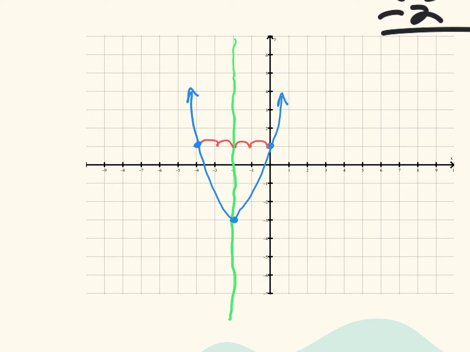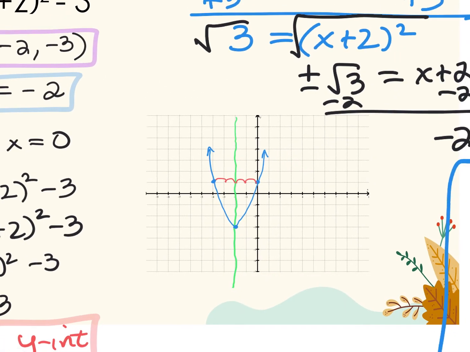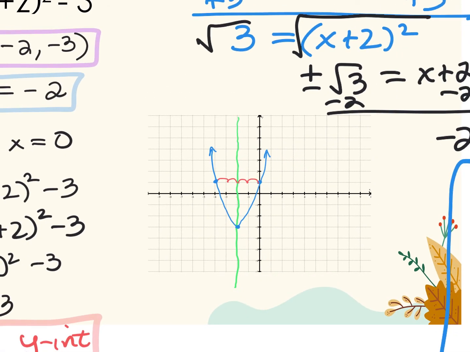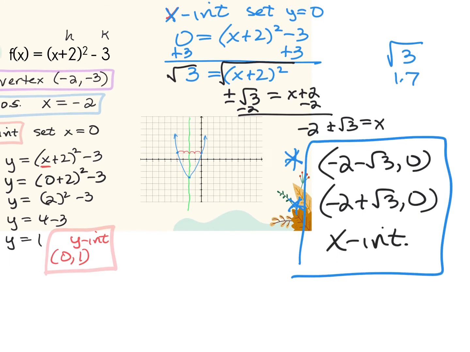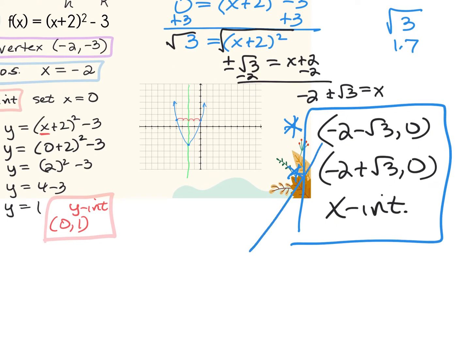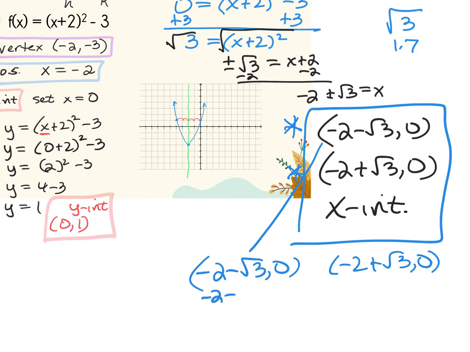Now, just to double check that I've made it the appropriate width, I could go ahead and double check my x-intercepts. Again, we're not using a calculator yet for the parabolas, but remember your 2 x-intercepts were these. If I approximate the square root of 3 to be about 1.7, then for these 2 ordered pairs, -2 minus 1.7 gives me about (-3.7, 0).